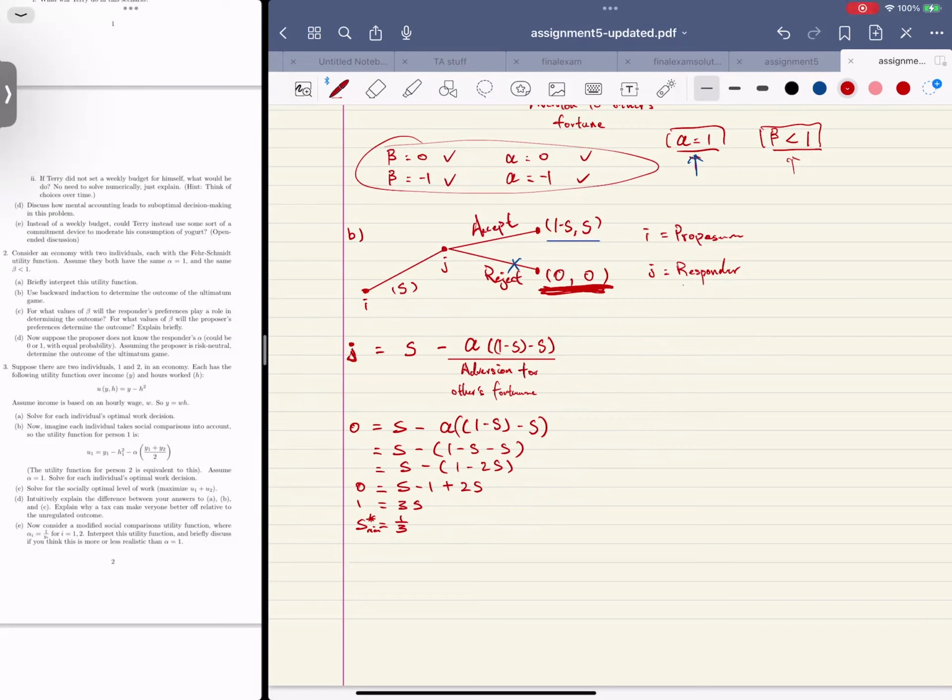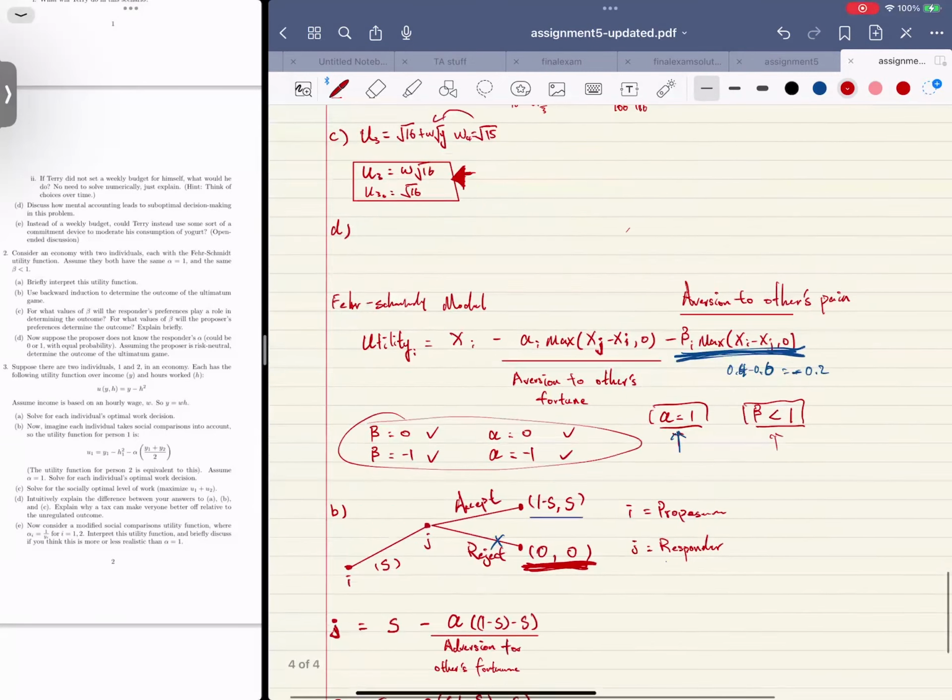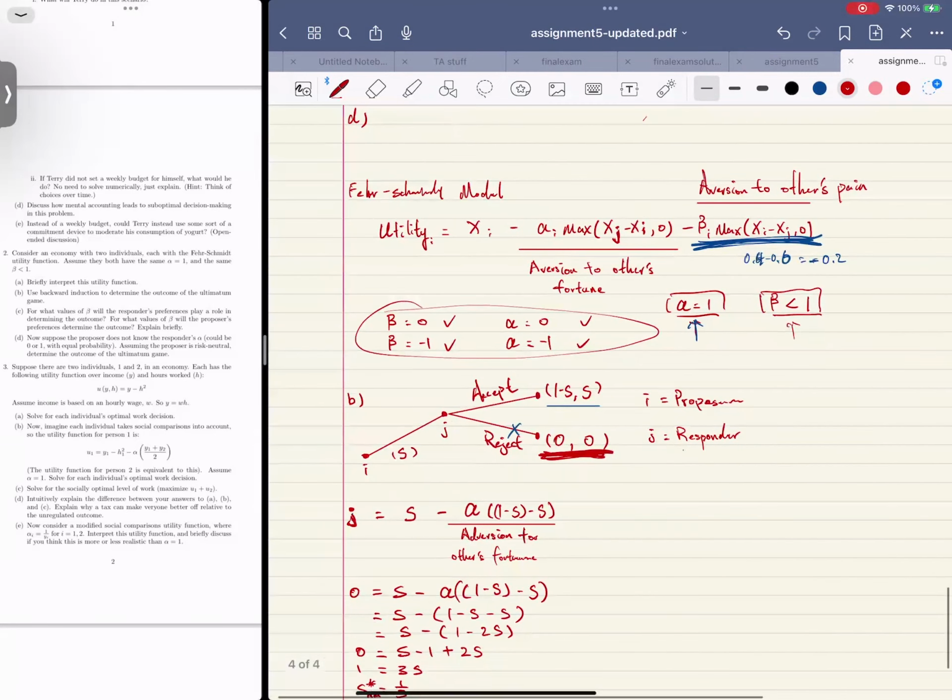There's one more variable we haven't taken into account in our model, which is the beta from I. Do we remember what beta stands for? Aversion to other people's pain, right? What if I's beta is negative?